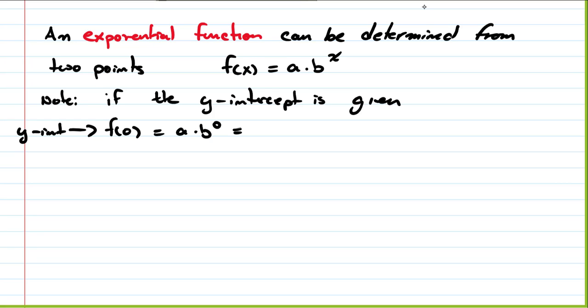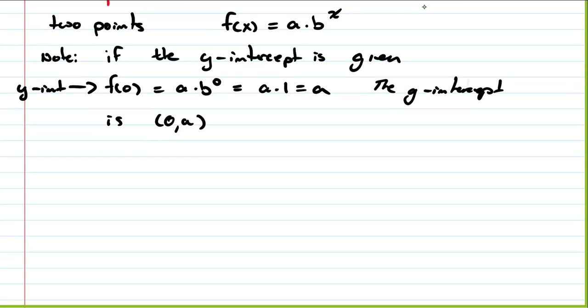But what's anything raised to the 0 power? 1. So that's a times 1, which is just a. So the y-intercept is (0, a). So if we're given the y-intercept, we can actually just plug it in directly for the a value and then determine what the base has to be.